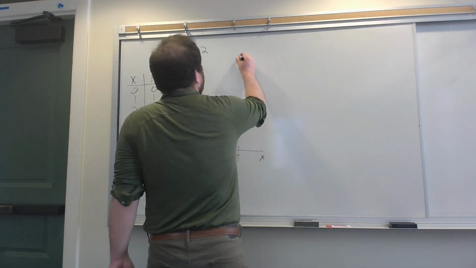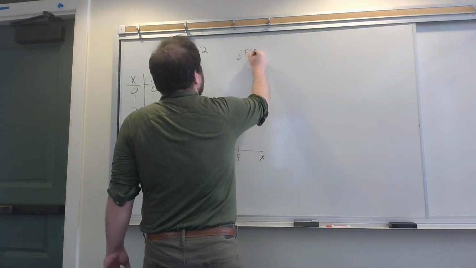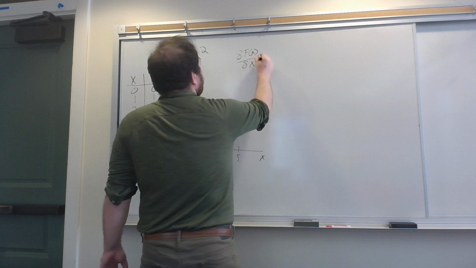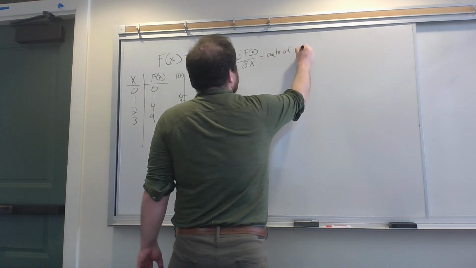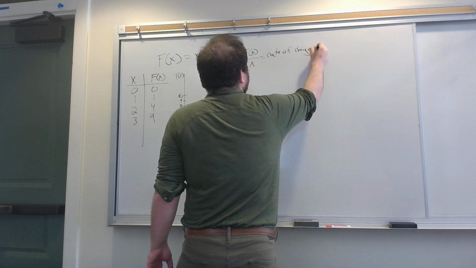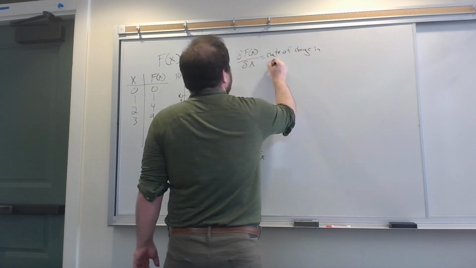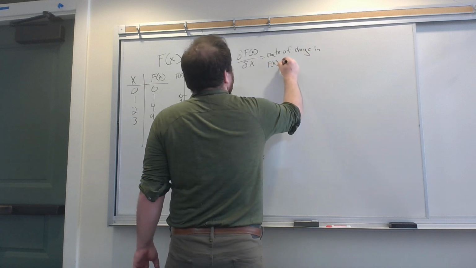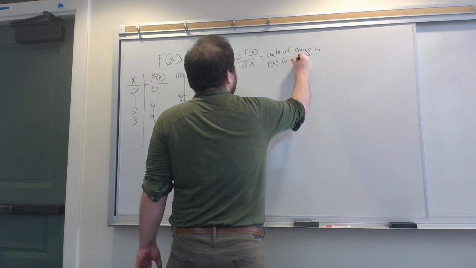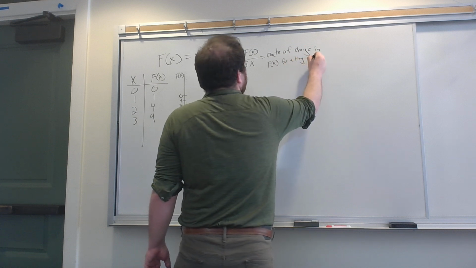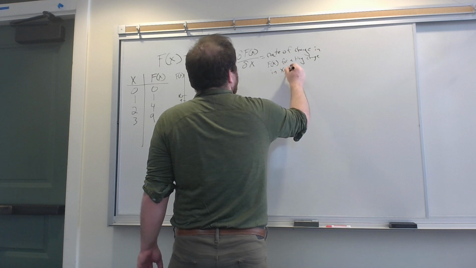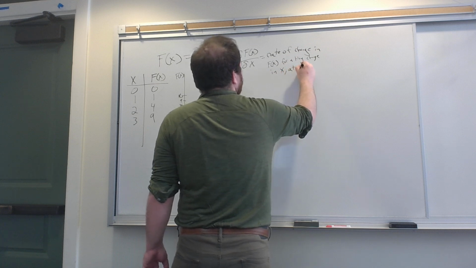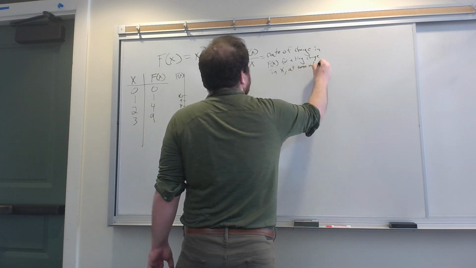So the derivative of f of x with respect to x is going to be the rate of change in f of x for a tiny change in x at some value of x.